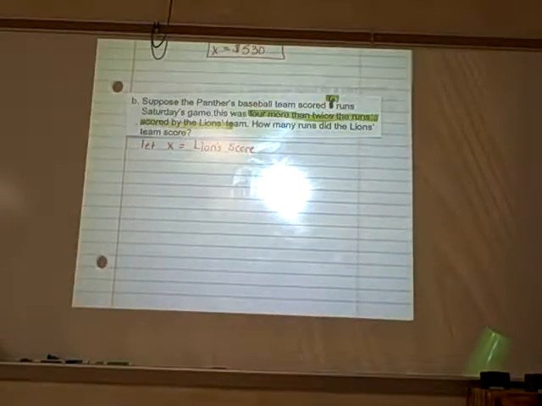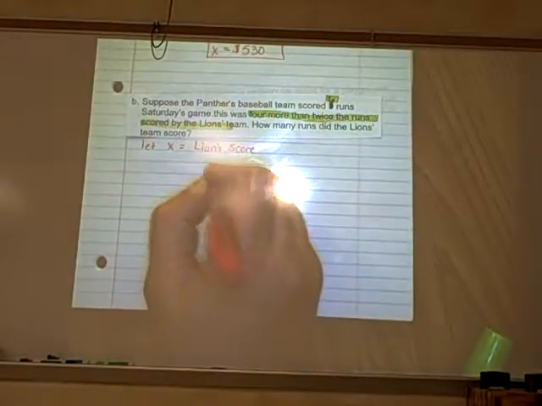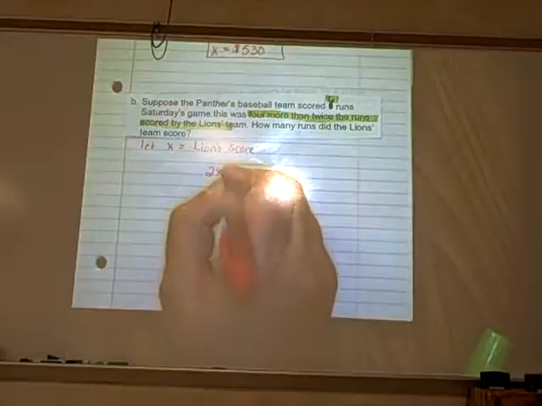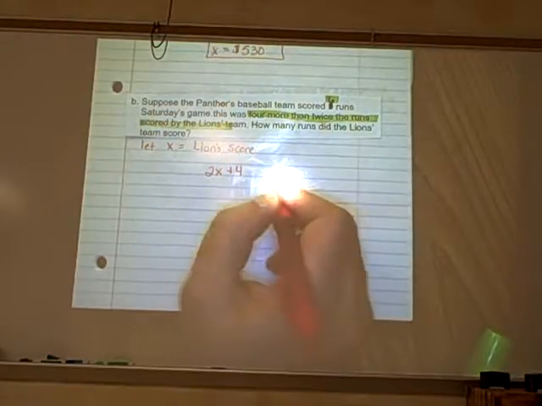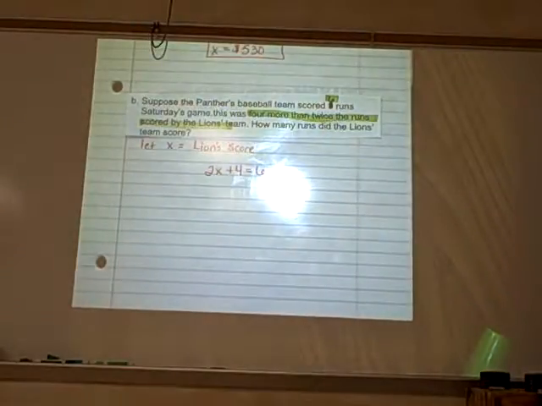I heard somebody start saying what the equation looks like. 2x plus 4. 2x, because twice the runs from the Lions. 4 more than that is plus 4 equals 6. So find out how many the Lions scored.